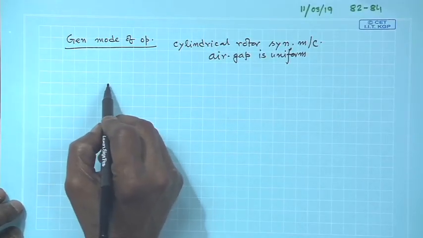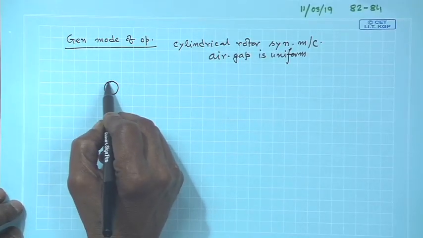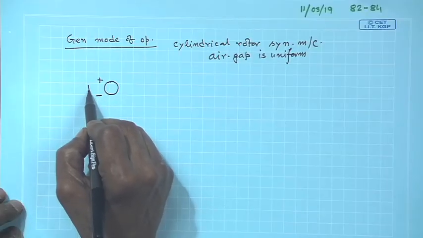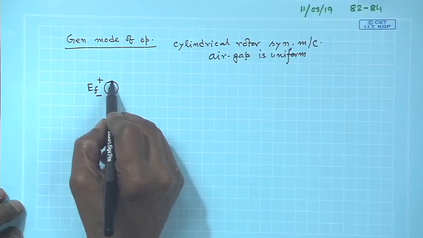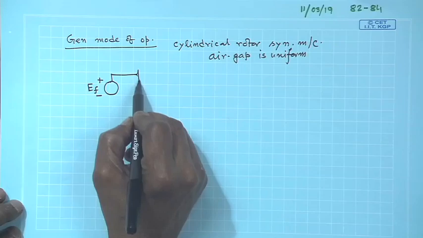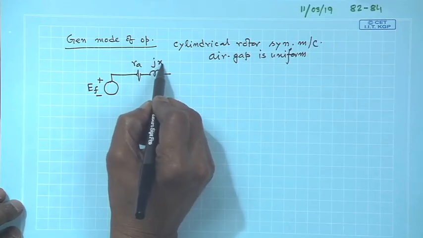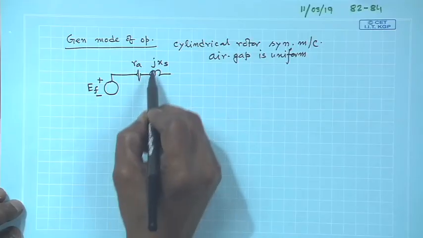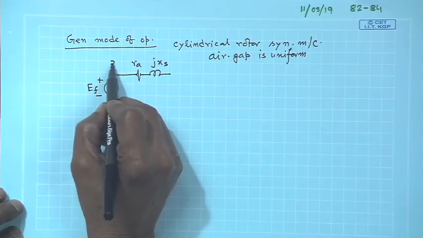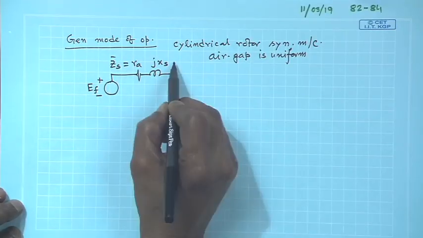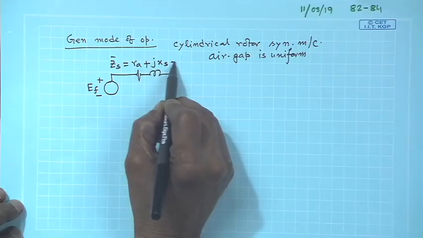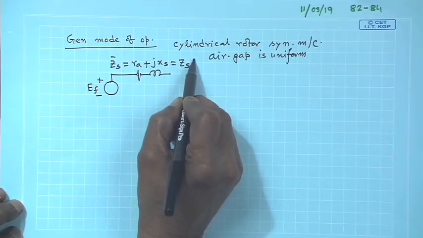So, the equivalent circuit will be something like this: plus minus E f, and then R A plus j X S, the synchronous impedance, which is often called Z S, and I was writing it as some magnitude Z S angle beta.